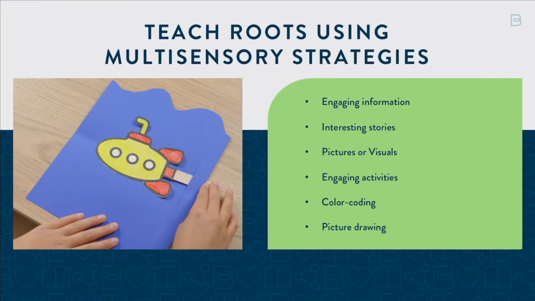Teaching roots using multisensory strategies, making the information very engaging, sharing interesting stories, using pictures or visuals, color coding, and having students draw pictures helps these roots, meanings, and keywords really stick.